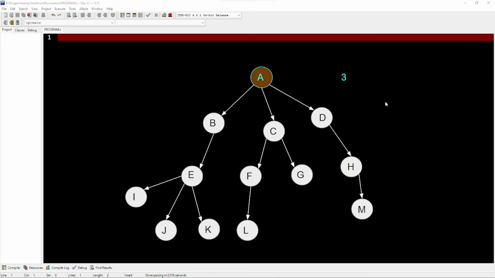And similarly, as we had seen the depth of the root node, let us find out the height of the root node. The height of the root node in a tree is basically the number of levels which we have.